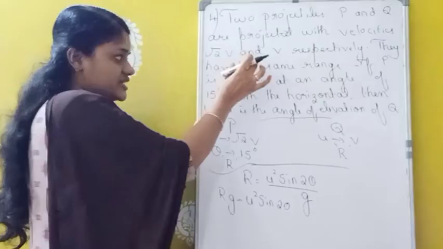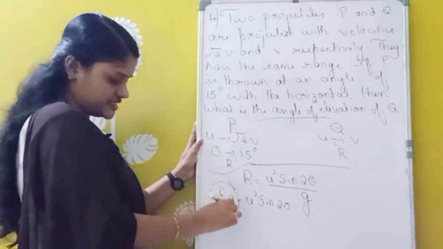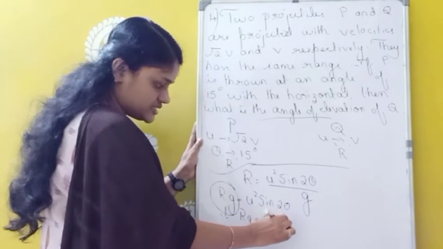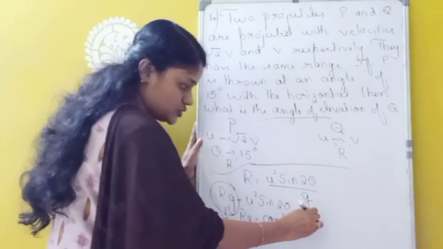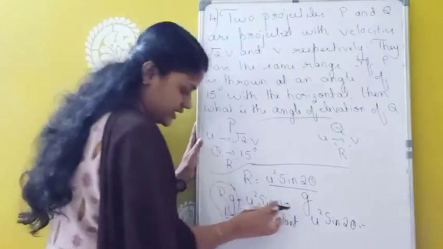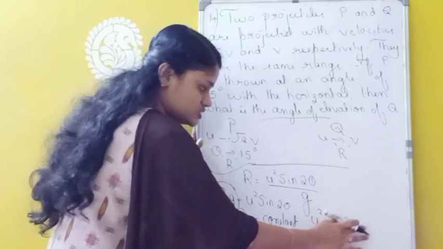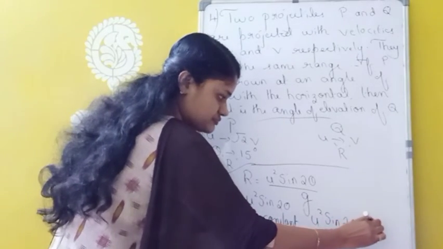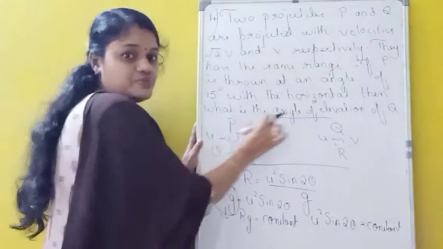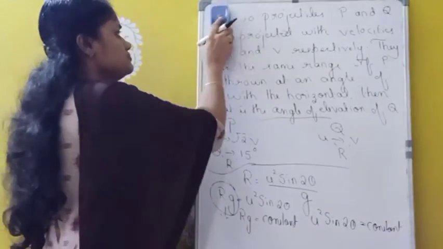That means in this condition Rg will be a constant. So Rg is equal to a constant. That means u square sine 2 theta is equivalent to a constant, because Rg is a constant now. So u square sine 2 theta for both these projectiles P and Q is equal to a constant. So substituting this, what will I get now?